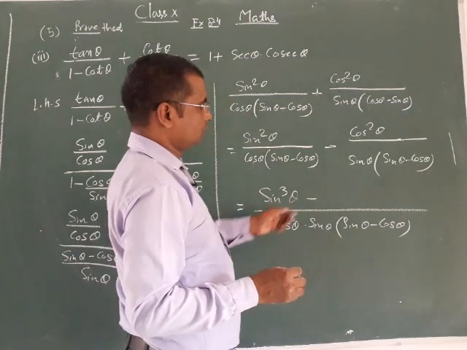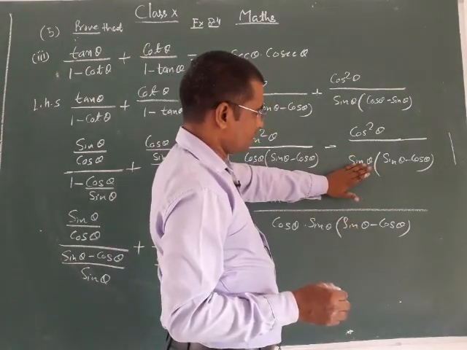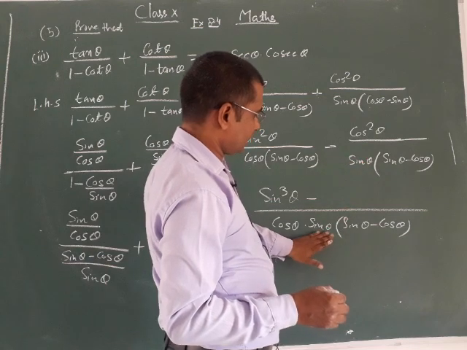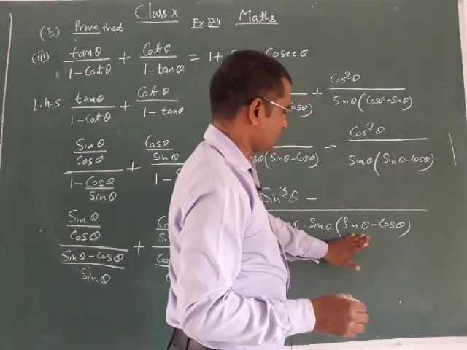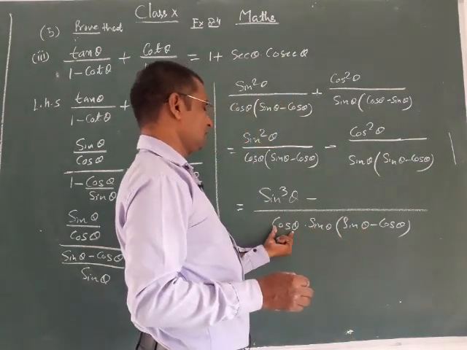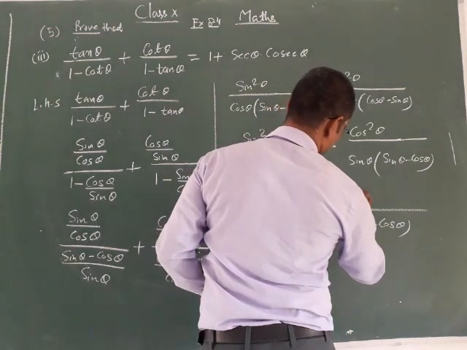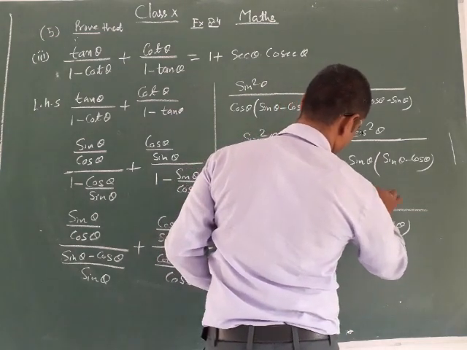And also dividing, sin cancels out, sin minus cos theta cancels out, so remaining cos theta and cos square theta, so we get cos cube theta.